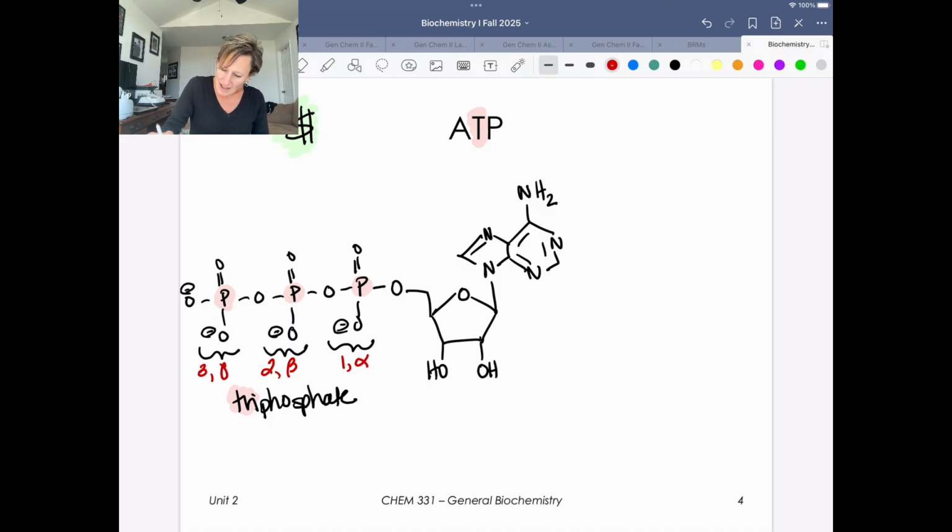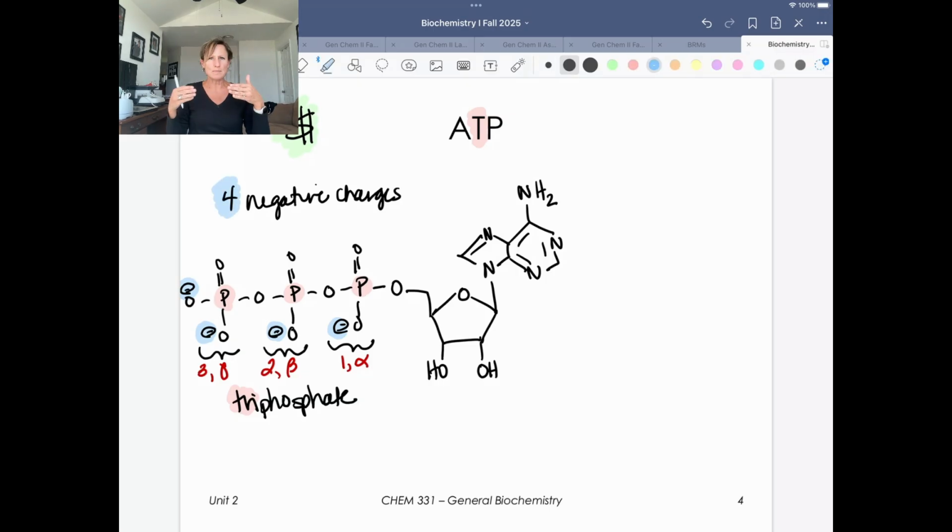Some other things to highlight about this structure that make it unique: if we look at what we have here, we have 4 negative charges. So this is a huge polyanionic species. And if you think about whether 4 negative charges would want to be close to one another, they wouldn't. So that's highly unstable.